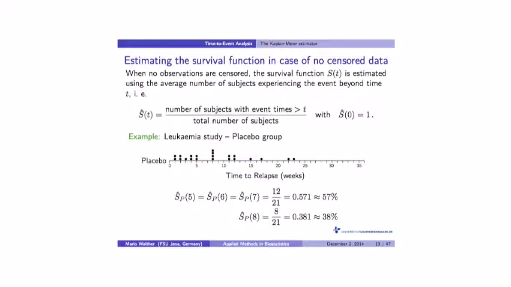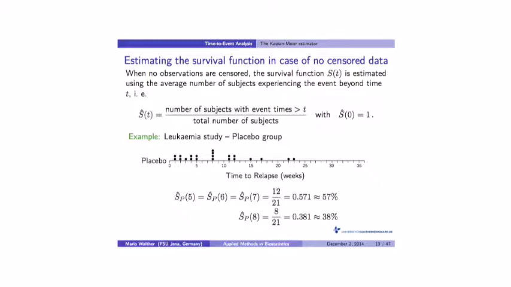So after 1 week of observation, 2 patients in the placebo group relapsed. After 2 weeks of observation, the next 2 patients in the placebo group relapsed. So now we can calculate for each time point the survival probability by this expression.